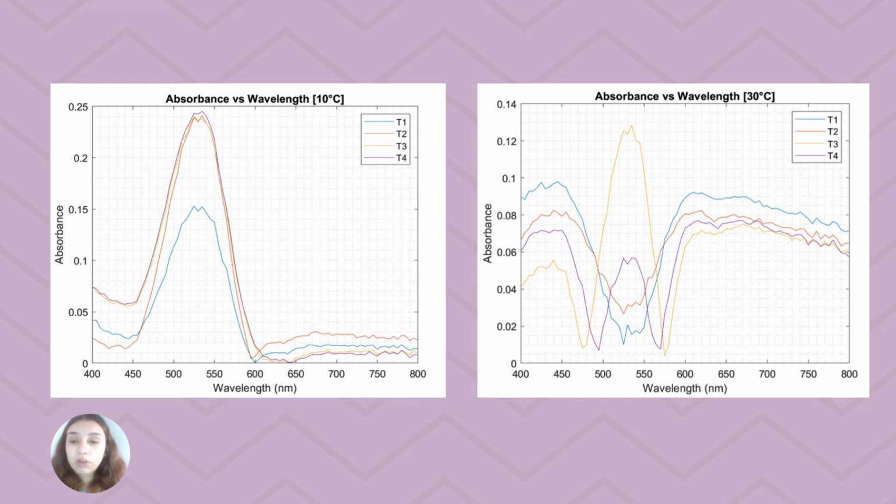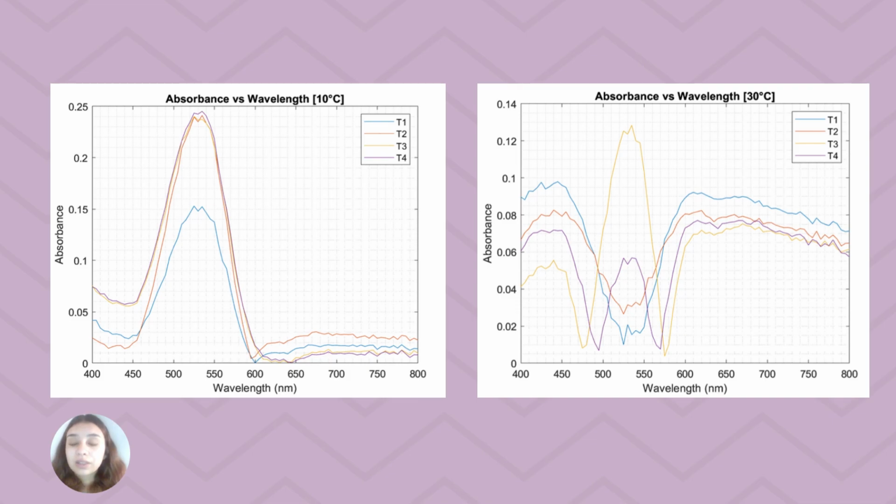Here we can see the graph of absorbance versus wavelength for the temperatures of 10 Celsius degrees and 30 Celsius degrees. In the 10 Celsius degree graph, we can see that for the four times, the maximum absorbance was between the 500 and 550 wavelengths.